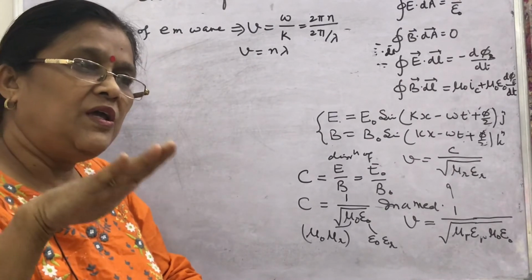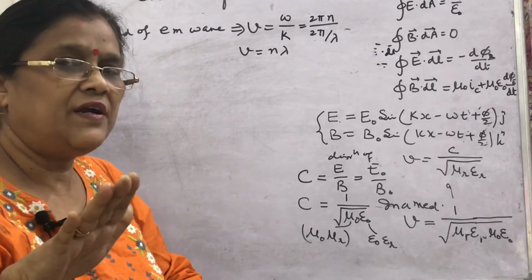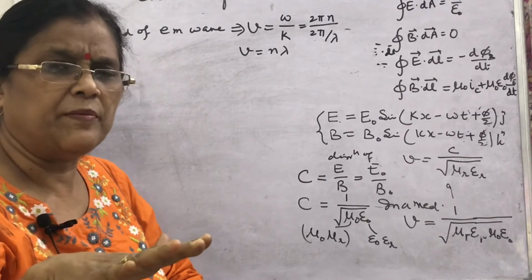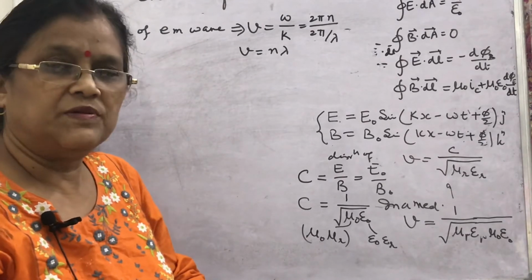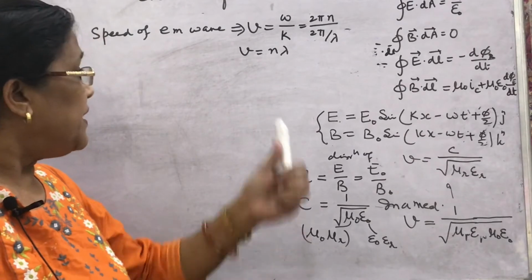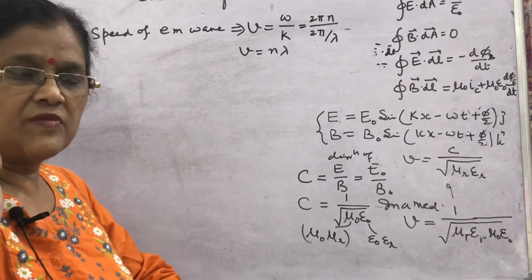So for EM waves we have read the electric field, magnetic field, and direction of propagation, mutually perpendicular, as a transverse wave. Speed is given by this.